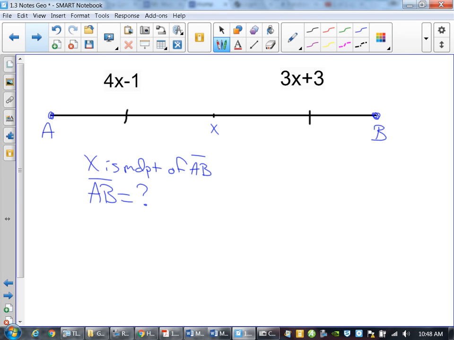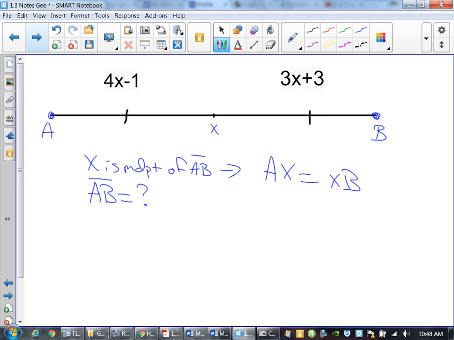So, knowing that we have a midpoint, that means we have two equal segments, or two congruent segments. What are the two segments that are created that are equal to each other? Okay. So since X is the midpoint of AB, then we can say that AX equals XB.